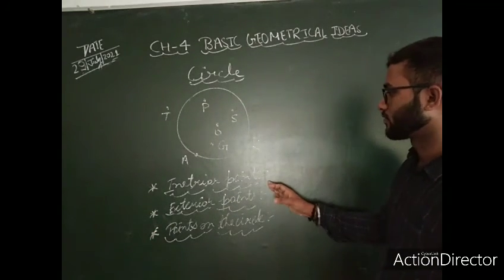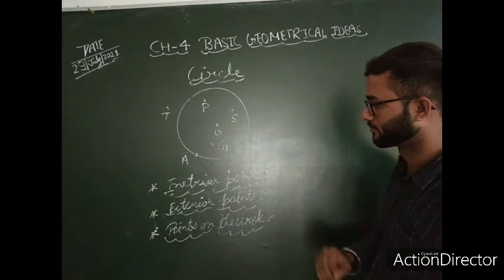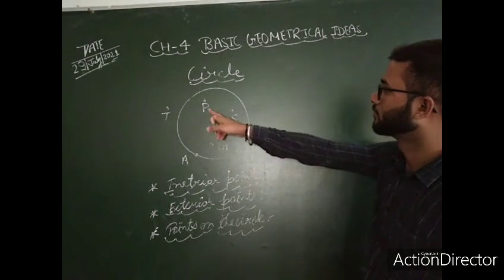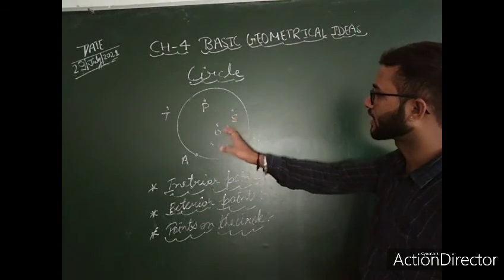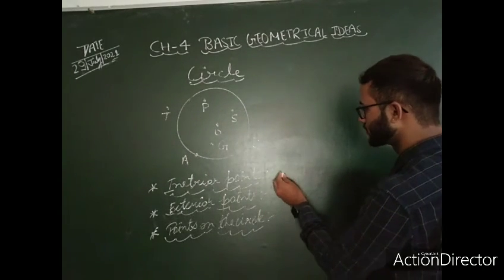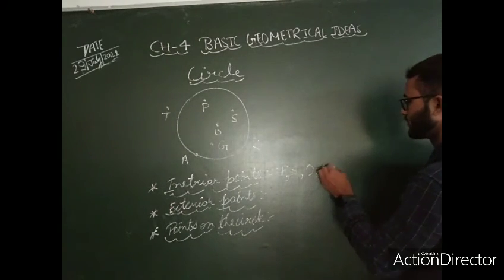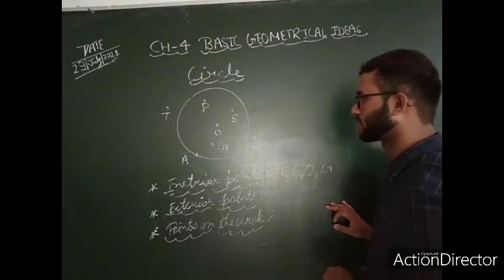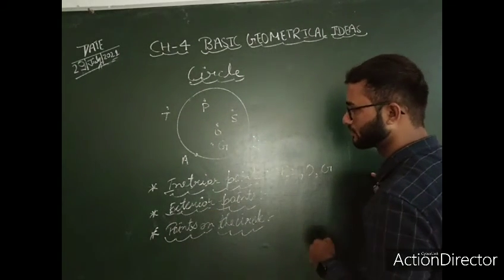So what are the interior points? Interior points are those points which lie inside of the circle. Points like P, S, O and G. These points are lying inside of the circle, so these points are known as interior points. So we write P, S, O and G are interior points. What are the exterior points? Points which lie outside of the circle.